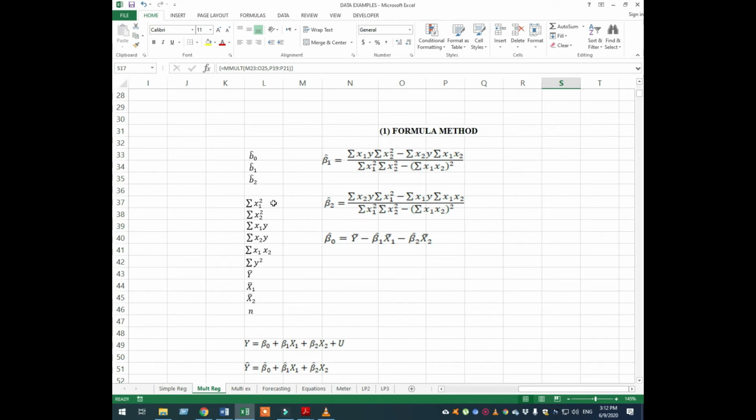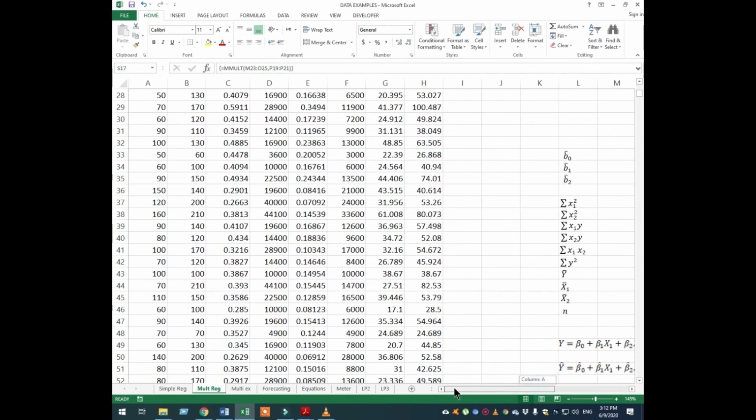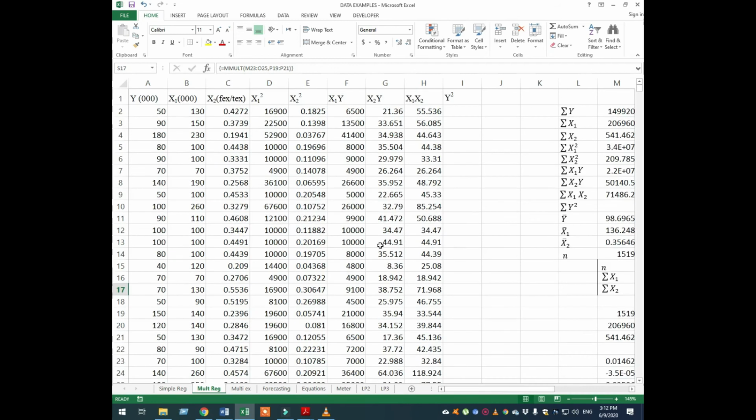So for this we need to have the deviation form of all these variables, so we should do the necessary calculation.